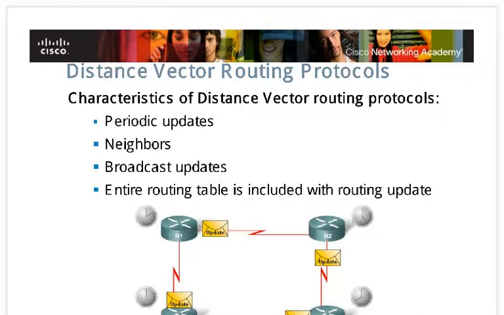So the main characteristics of the distance vector routing protocols in general: the first thing is that they do periodic updates. The updates are periodic, even after convergence. Why?